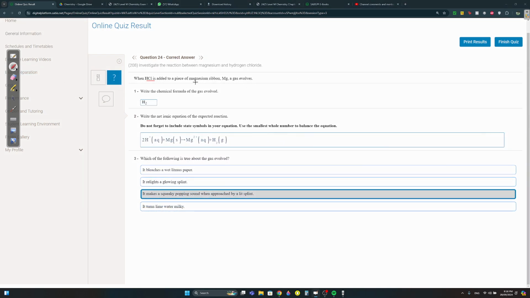When HCl is added to magnesium ribbon, Mg, a gas evolves. Basically, what's happening here? You have HCl plus Mg. This Mg steals the Cl and becomes MgCl2, and this hydrogen just stays alone.